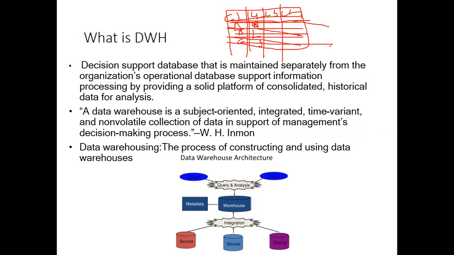Whenever you are using any application, the backend uses the database to store the data, right? This database is called a transactional database, as I mentioned yesterday. It's also called an operational database.